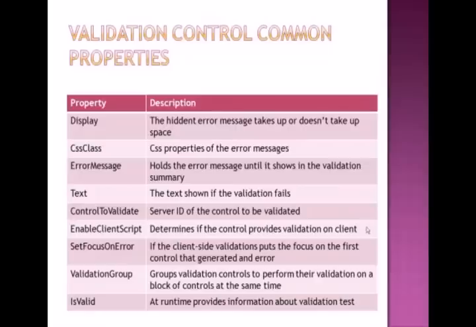These are the properties and the description of each of these properties that your validation controls have and how they behave. The display property determines whether or not the hidden error message should take up space. You can set display to static or dynamic. If you put it as static, the error message takes up screen space even when it is hidden and the validation has not been done or has passed. Basically, this is similar to the CSS setting of visibility equals hidden that we saw earlier.